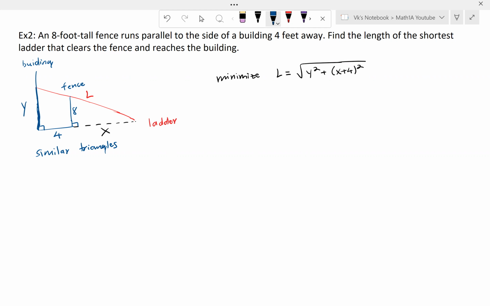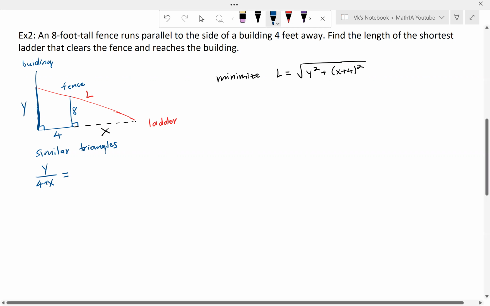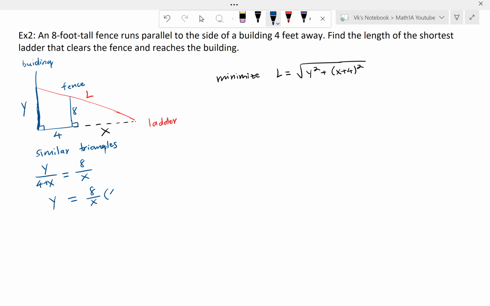The ratio of the two sides of the bigger triangle, y over 4 plus x, is the same as the ratio of the smaller triangle, 8 over x. So y is 8 over x times 4 plus x, which is 32 over x plus 8.